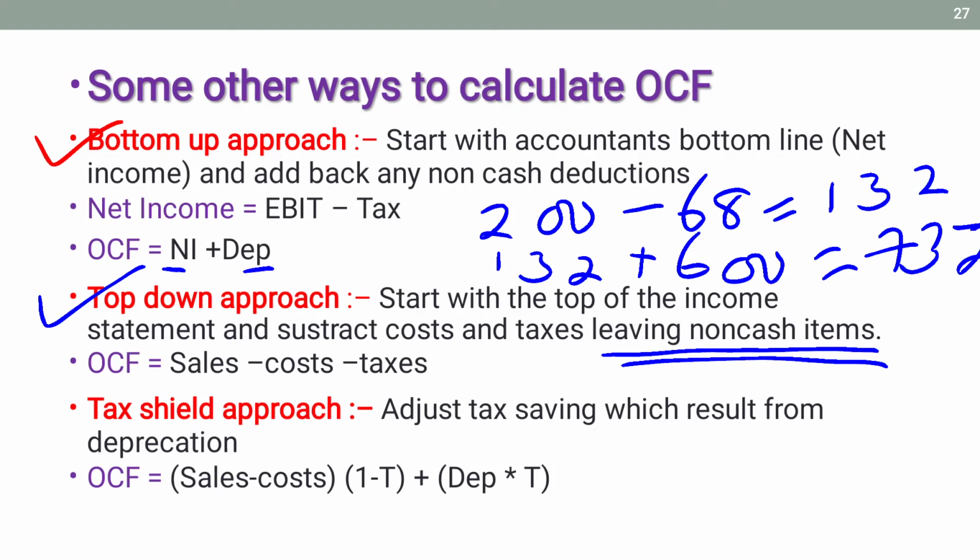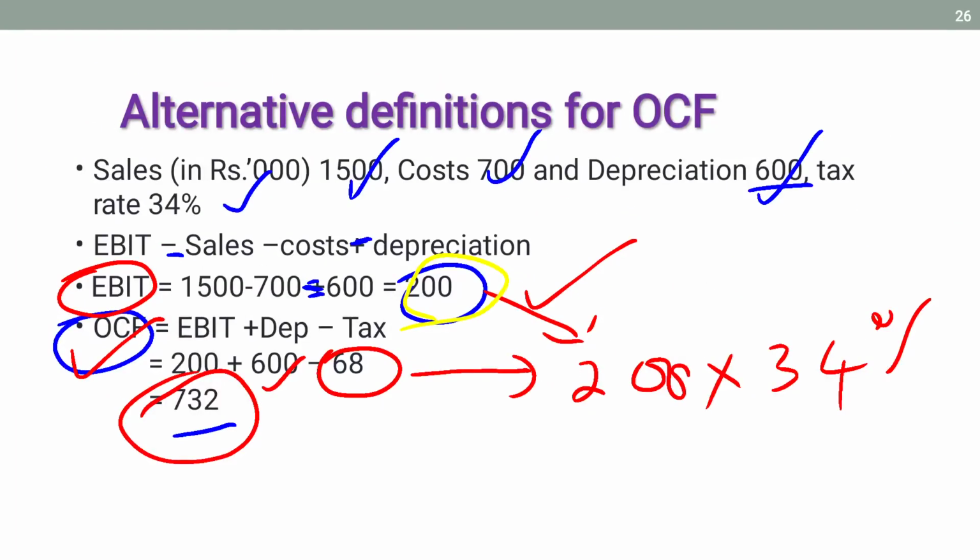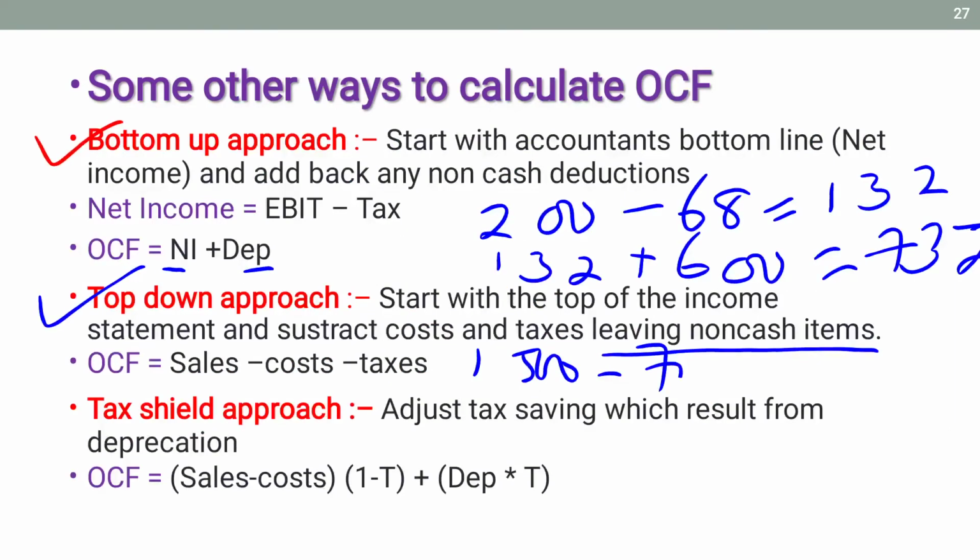So at the top you have sales 1500, minus cost, I suppose 700, minus tax 68. So 732 is the answer.